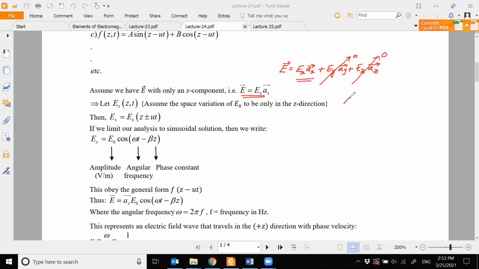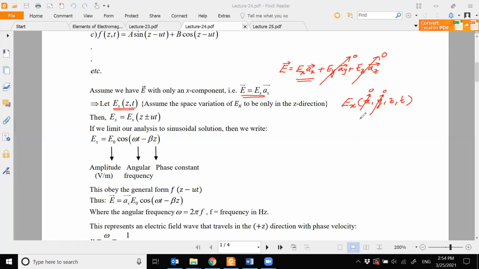Moreover, Ex can be a function of x, y, z, and t, but I'm saying that it does not depend on x and does not depend on y. Further simplification, and therefore Ex is only a function of z and t.